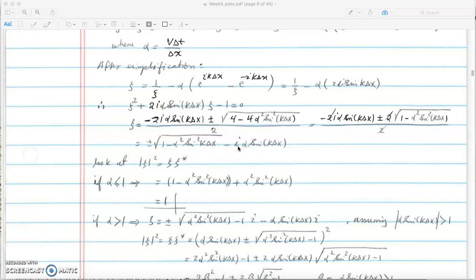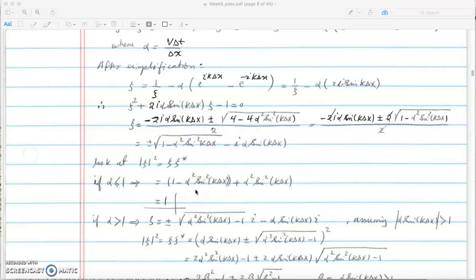So this is xi raised to the second power.